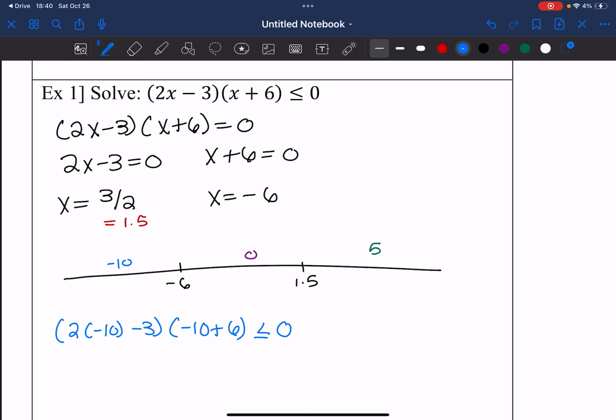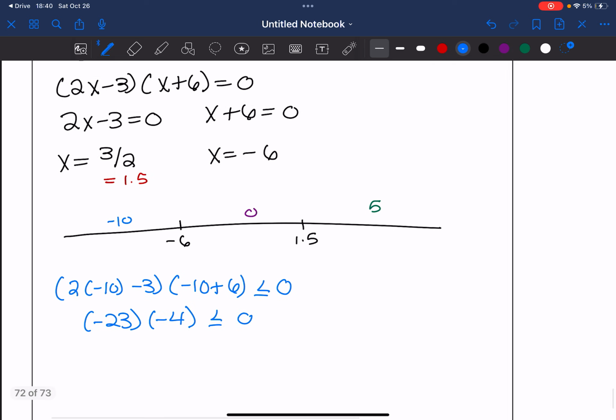Negative 20 minus 3 is negative 23. And then negative 10 plus 6 is negative 4. We don't even have to continue solving this because we have a negative times a negative, which means it's a positive. And a positive number is going to be greater than 0, not less than or equal to 0. So this is a false statement, which means we don't shade.